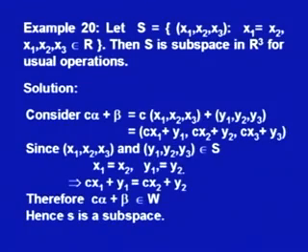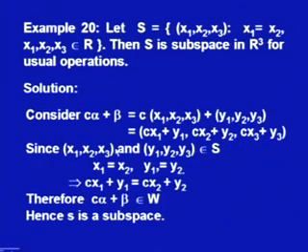Again consider the combination C alpha plus beta, which is equal to C(x1, x2, x3), this triplet belonging to S, plus (y1, y2, y3) belonging to S. Then simplifying the right hand side, we will have (Cx1 plus y1, Cx2 plus y2, Cx3 plus y3).